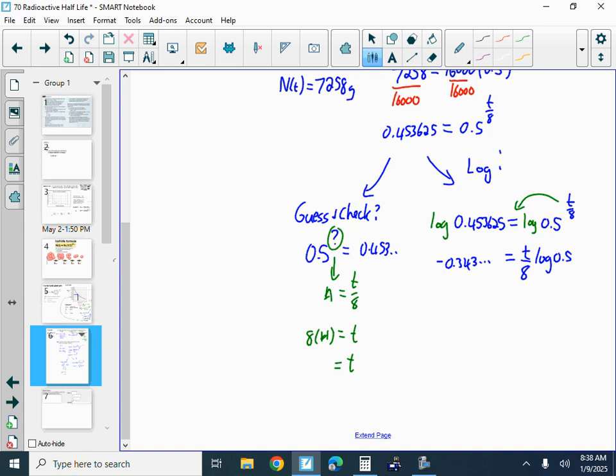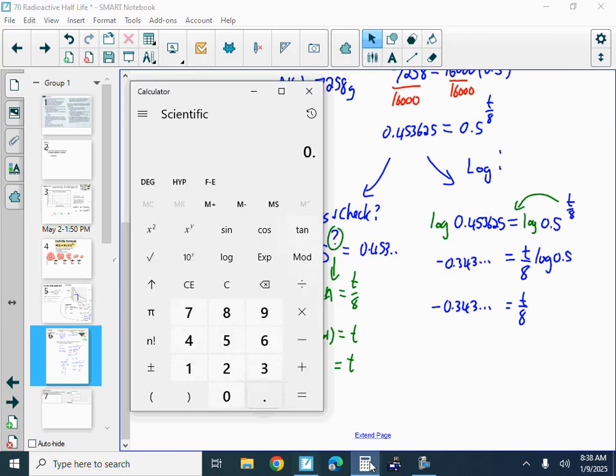We're not doing anything with it yet. I guess I could do the multiply by 8, but let's save that for later. 0.343 dot, dot, dot, equals t over 8. And then we need to do the log of 0.5 still. So log of 0.5 gives us negative 0.301. I probably should have done more decimals or recorded more numbers, but it'll probably be close enough.